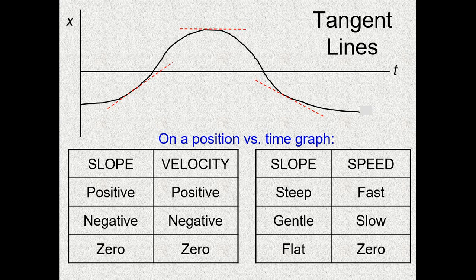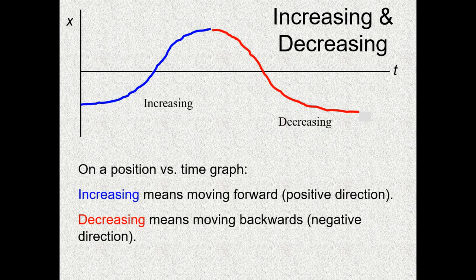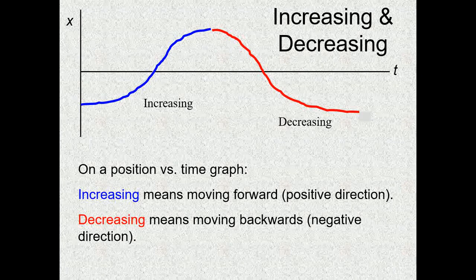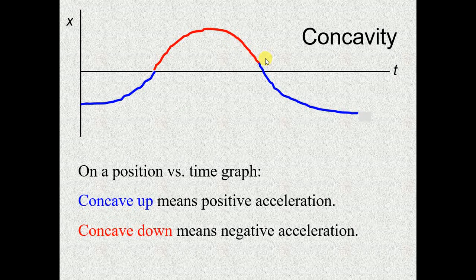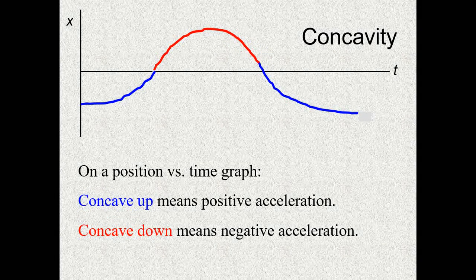So this is the position versus time graph. Increasing means moving forward in the positive direction, decreasing means moving backward in the negative direction. See, there are the positive and negative directions. So see here.